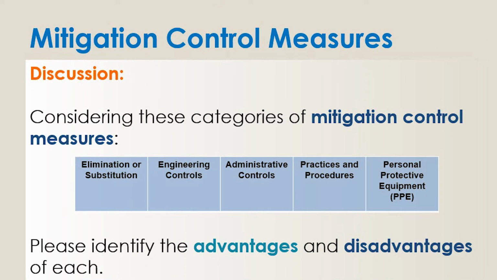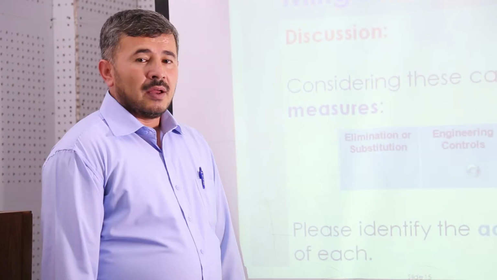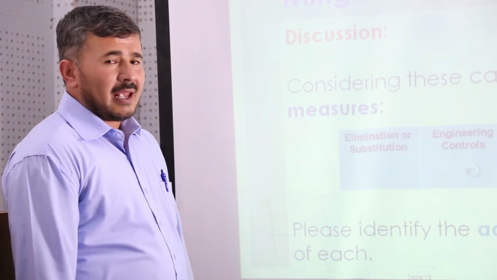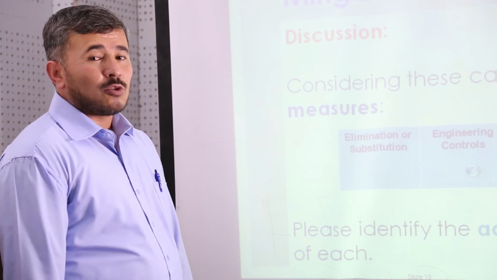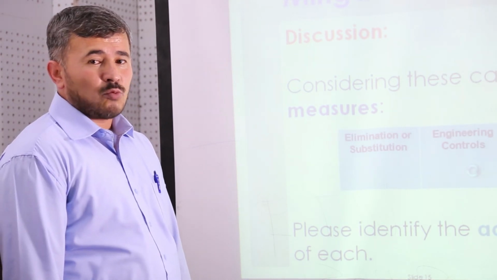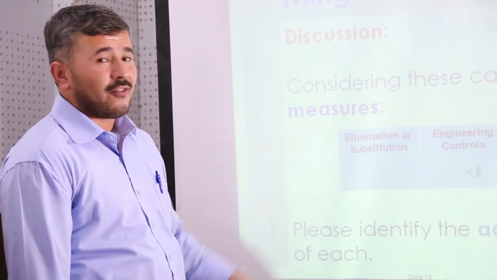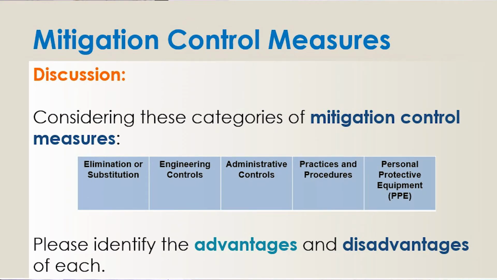So we say that we have 5 general strategies of risk mitigation: elimination or substitution, engineering control, administrative control, practice and procedure, and PPE. Could you please write the advantages and disadvantages of these 5 general mitigation strategies?